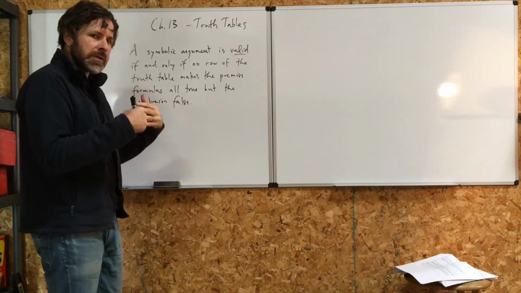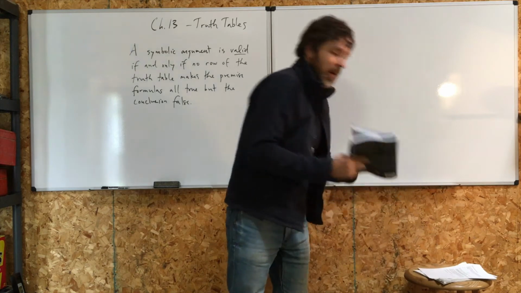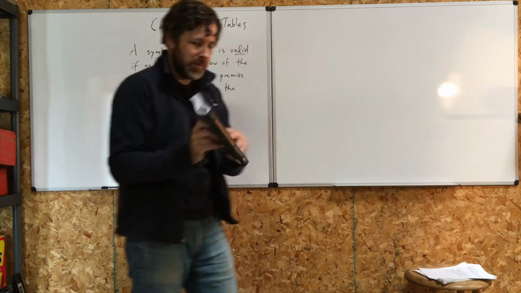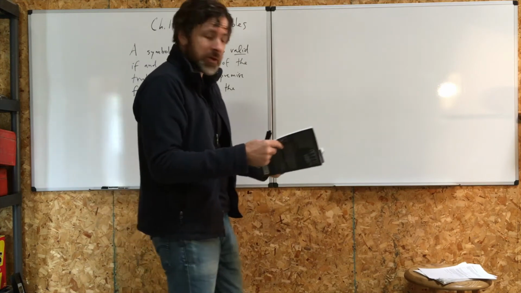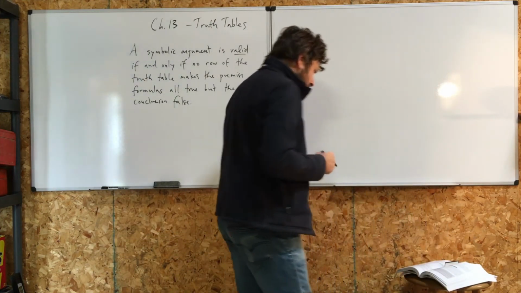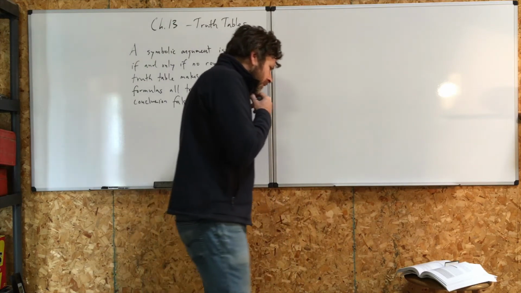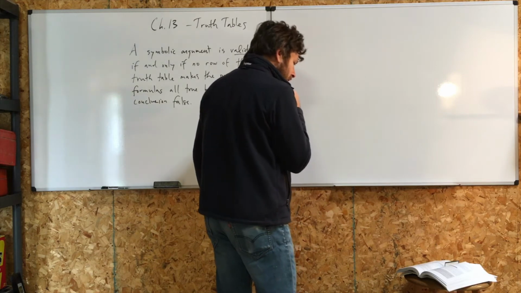Let's do another example from the book. Remember your book? Hopefully you have it. You've been reading it. Introduction to Logic by Richard Arthur. Okay, let's do this one. This argument has two premises and a negation as the conclusion here.